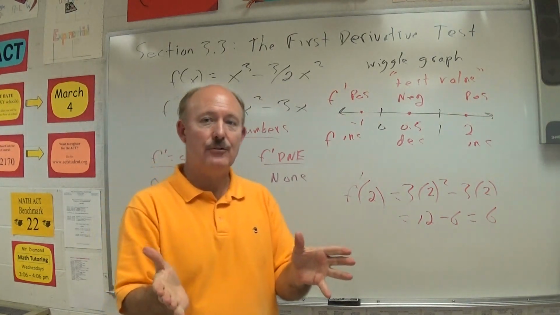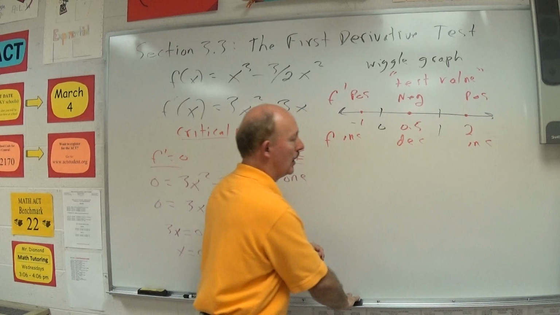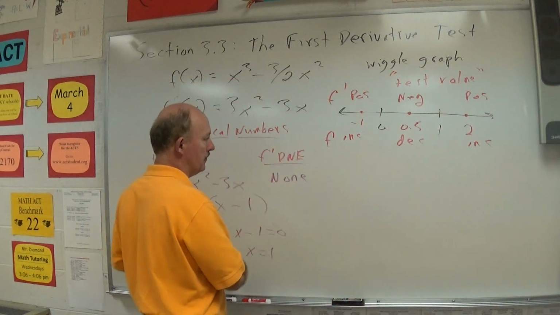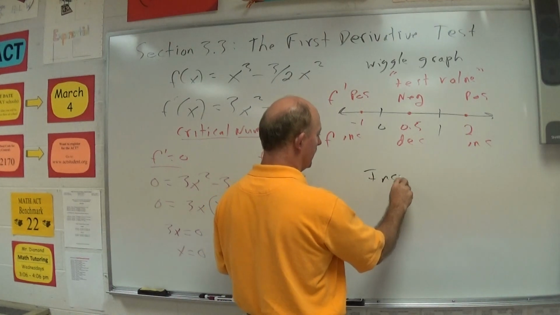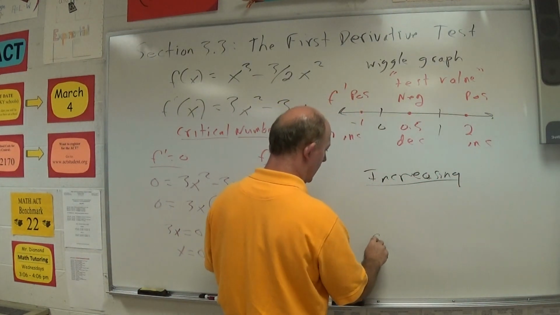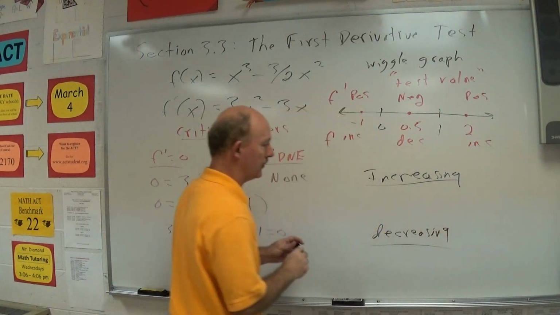Now let's make sure we've answered our question. The question asks, what are the intervals on which the graph is increasing and decreasing? Where is the graph increasing?